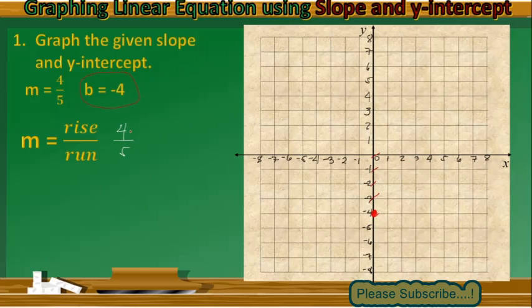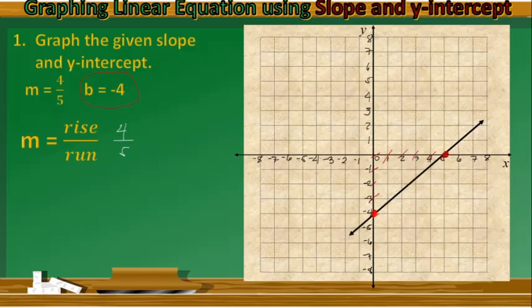If your slope is negative, you will turn left. For this instance, our slope is positive, so we will turn right 5 steps. 1, 2, 3, 4, 5. So this is the second point. To connect that one, that will be our graph.